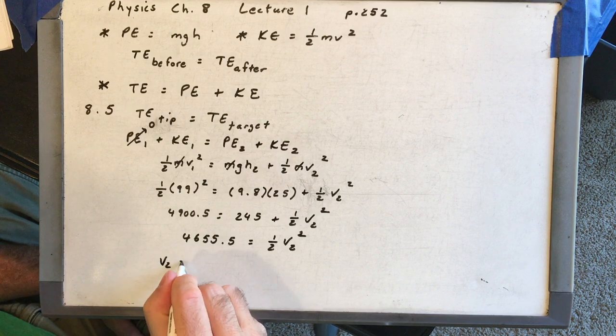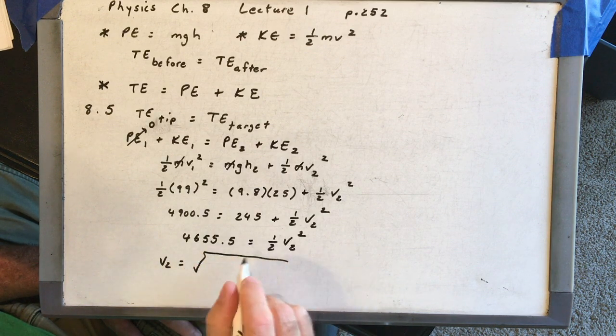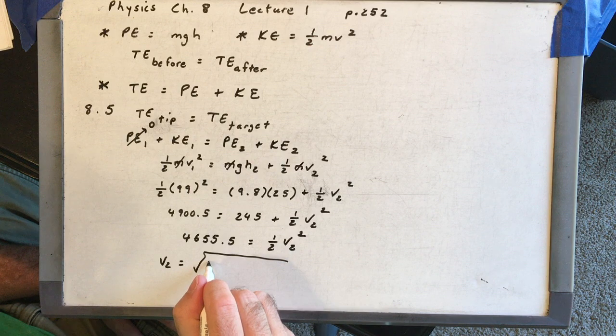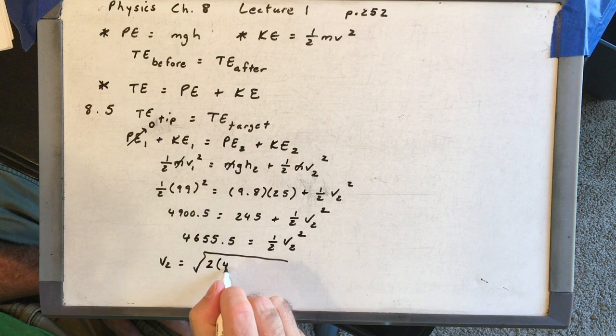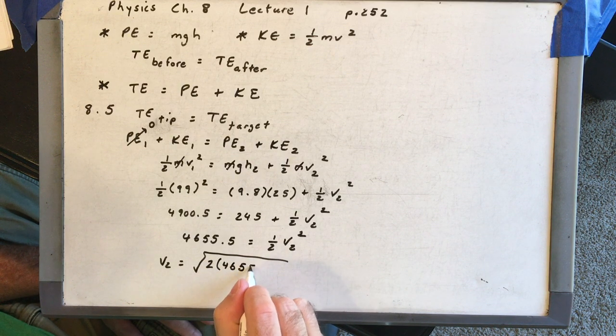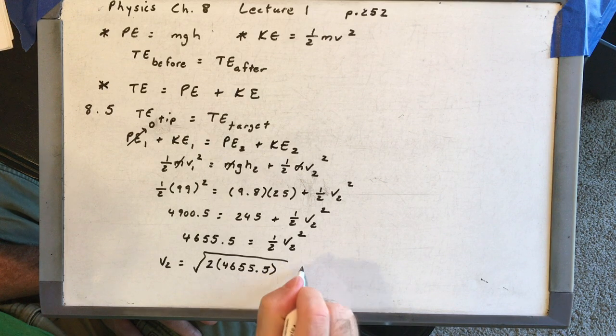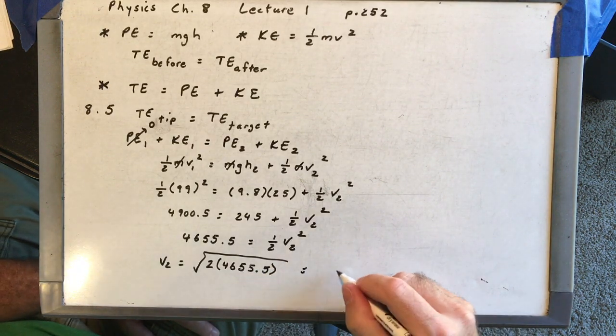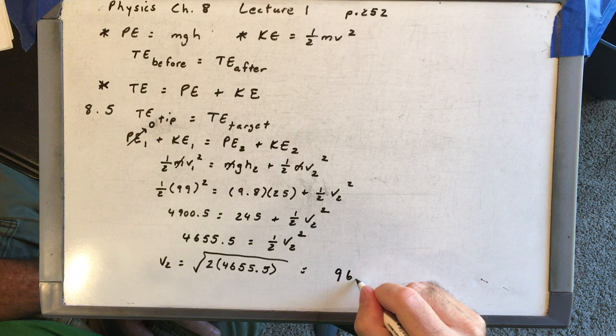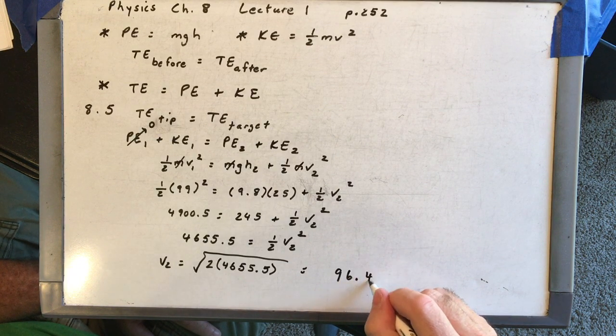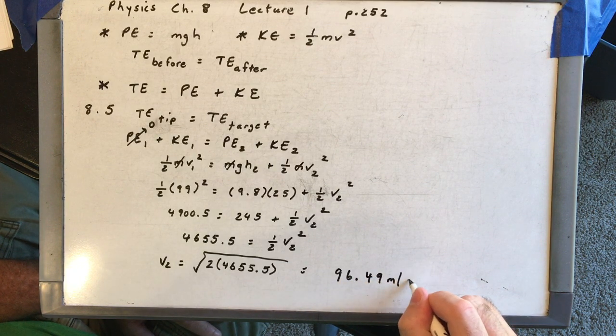So v2 is equal to the square root, when I flip that 1/2 and multiply, of 2 times 4655.5, and you have 96.49 meters per second. That makes sense.